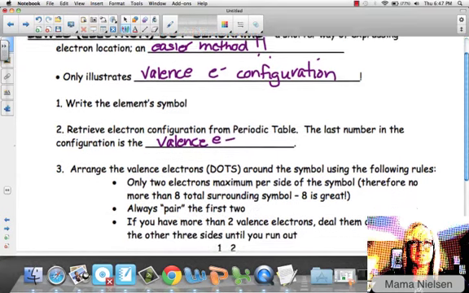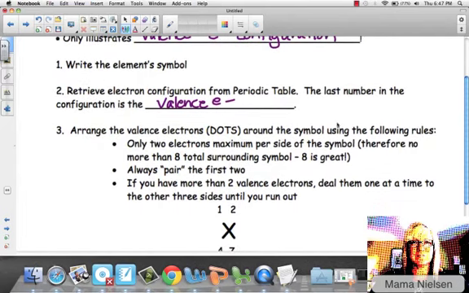You're going to arrange the dots around the symbol using the following rules. Only 2 electrons max per side. Therefore, if you have 4 sides, you can't have more than 8. 8 is great. 8 means that they're happy, stable, content. And we always pair the first 2. If you have more than 2, you'll deal with them one at a time on the other 3 sides till you run out.